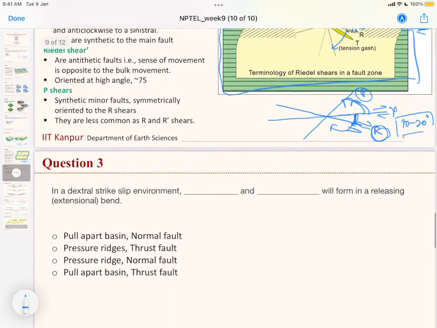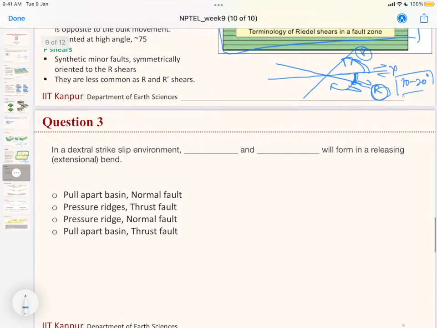Now this is our last question. The question says that in a dextral strike slip environment, dash and dash will form in a releasing band. So first we have to see what the overall picture looks like in the case of the dextral strike slip environment, because so far we have only understood the dextral strike slip fault, but here we will see the whole dextral strike slip environment.